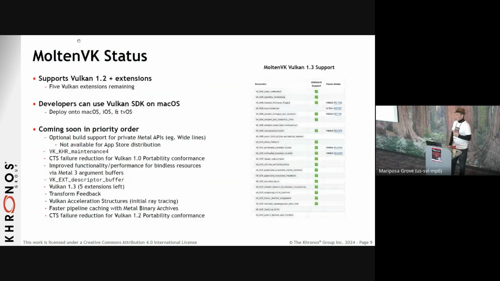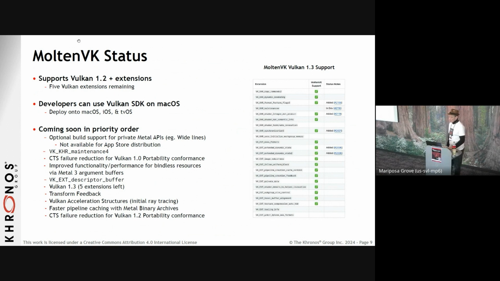So where are we with MoltenVK in terms of functionality? Currently, we're at 1.2 plus a whole mess of extensions. I misspoke on the next comment there. 5 Vulkan extensions remaining. That actually should be down lower because we are pushing for 1.3. So there's an active push right now to bring MoltenVK up to speed with Vulkan 1.3.